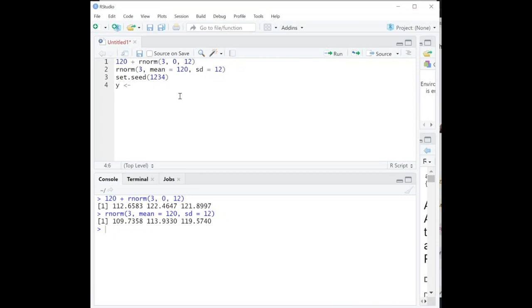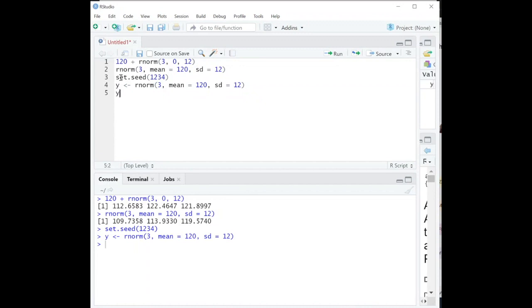I'm assigning 3 random numbers with mean equal to 120 and standard deviation equal to 12. Be careful, we need to submit first the seed and immediately afterward the function to create random numbers.